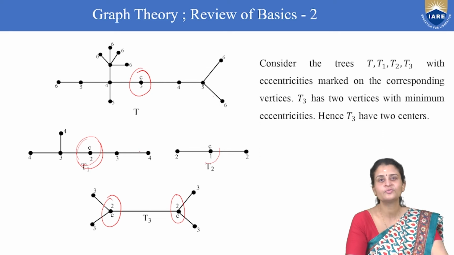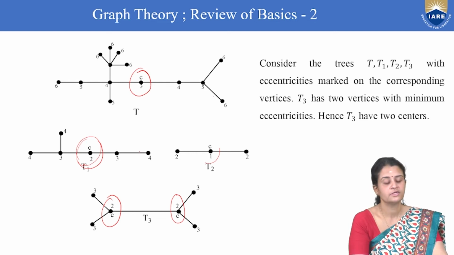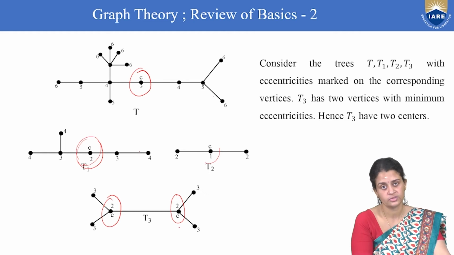Can we term those 2 vertices to be the center of that tree or graph? Yes. The vertices with minimum eccentricities are termed the center of the graph, and whenever these 2 centers occur, they are adjacent to each other.